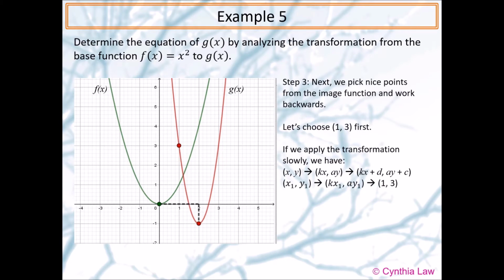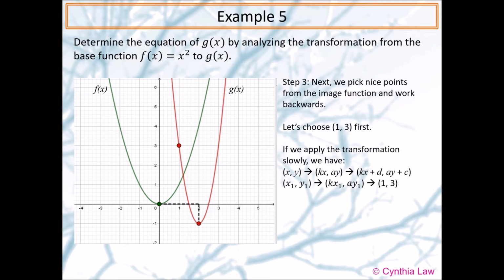So let's work it out algebraically first. Let's say the point on f of x is x subscript 1, y subscript 1. When we transform it at first, with stretch or compression, we have k multiplied by x subscript 1 and a multiplied by y subscript 1.